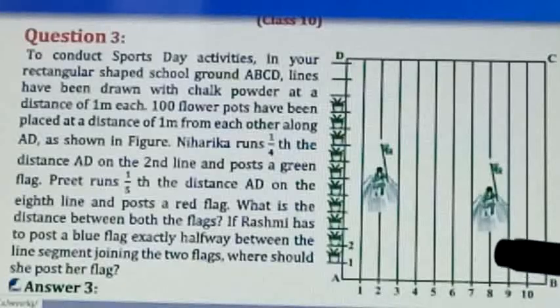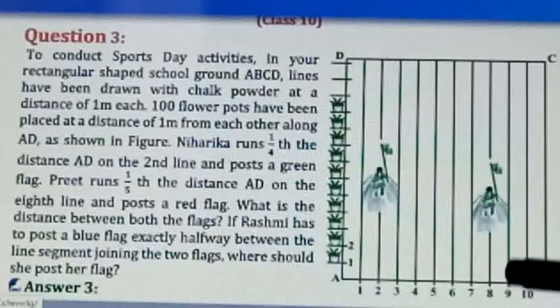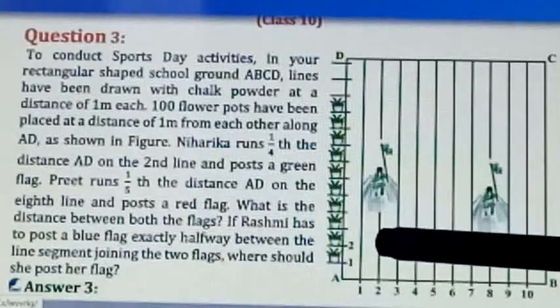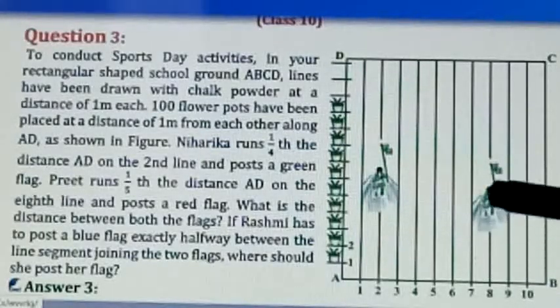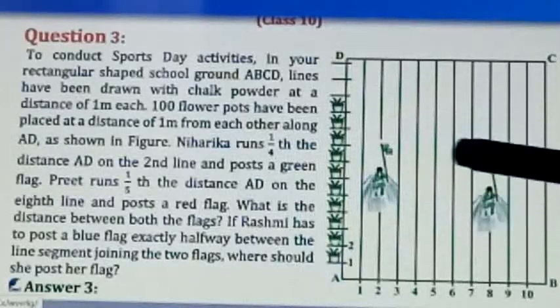Now how will you find the distance between these two using this data? First we need to find the coordinates, right? Then only we can find the distance between these two flags. We will find the coordinates of Niharika and also the coordinates of Preet. Afterwards we can find the distance between these two flags, children. Now we'll find the coordinates of Niharika.